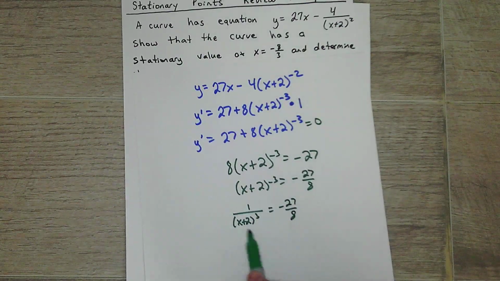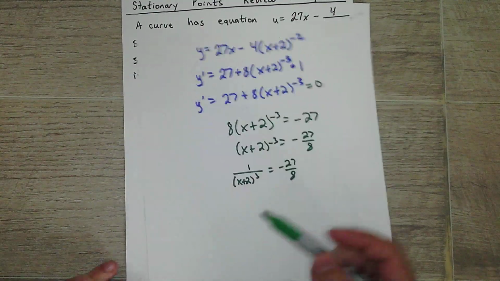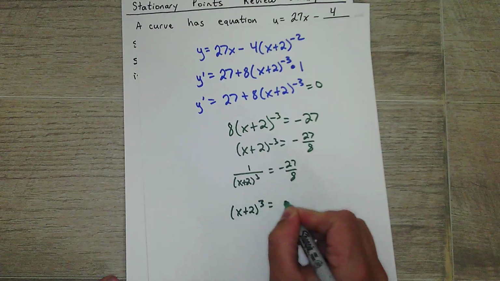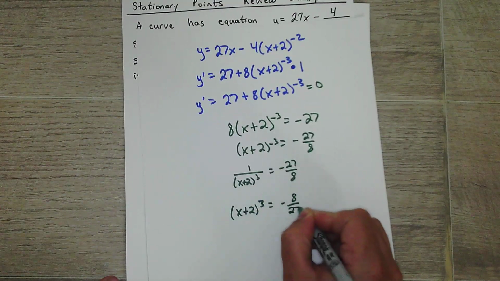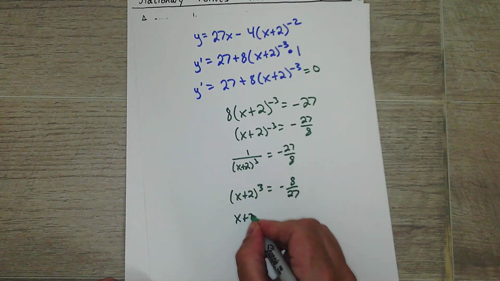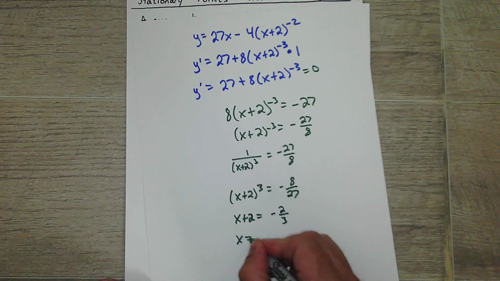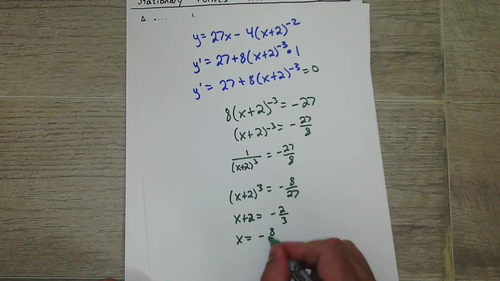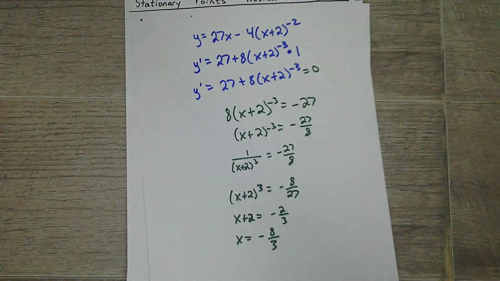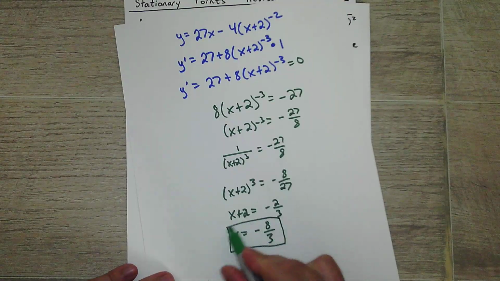If I just take the inverse of each side, now I'll take the cube root. Subtract 2, and I get negative 8/3, because 2 is 6/3. So there's my stationary point. Yes, negative 8/3 is a stationary point.